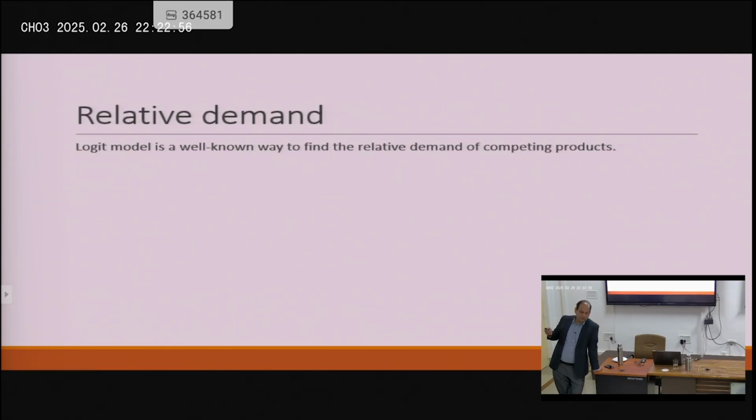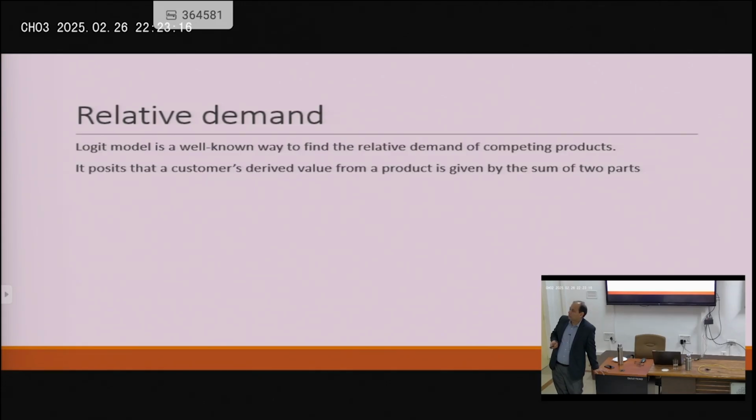The other thing that's also critical is relative demand, right? So in simplistic models, we say, okay, let's say we sell 1/5 of the products or something like that. There's a model that I think everybody should at least be familiar with, what's called the logit model. It's a well-known model to find relative demand of competing products, okay?